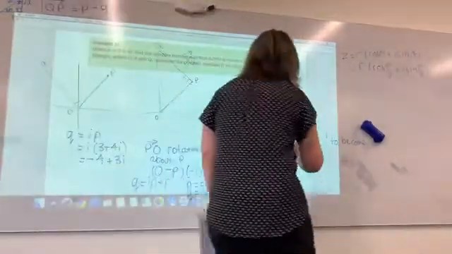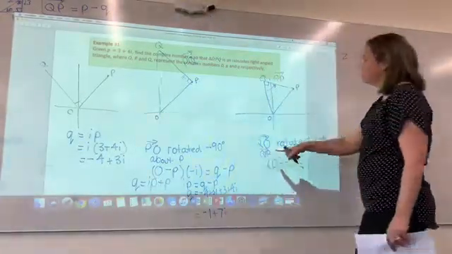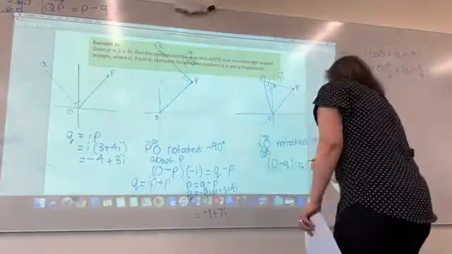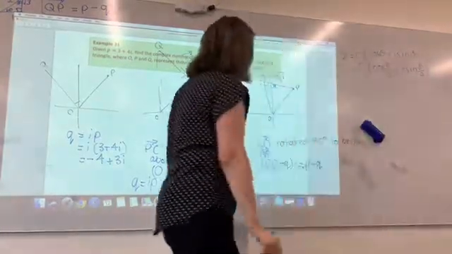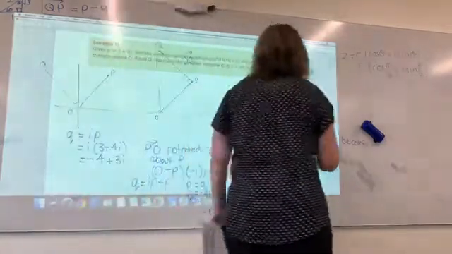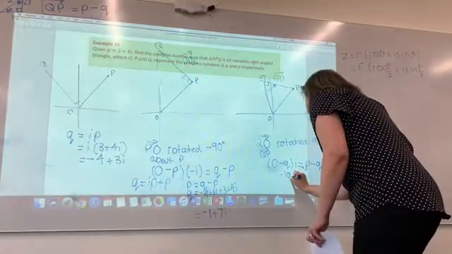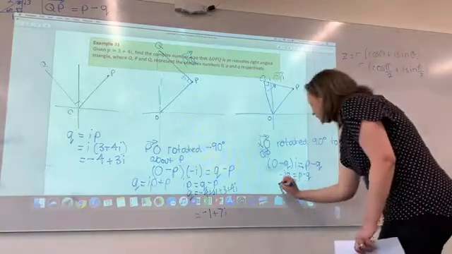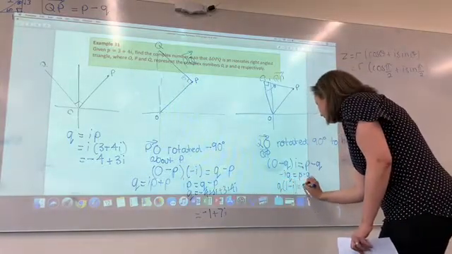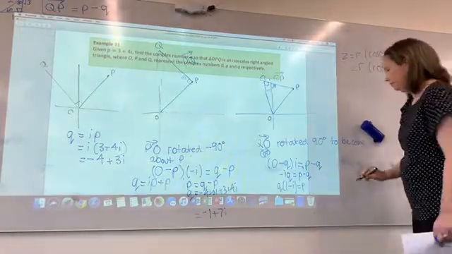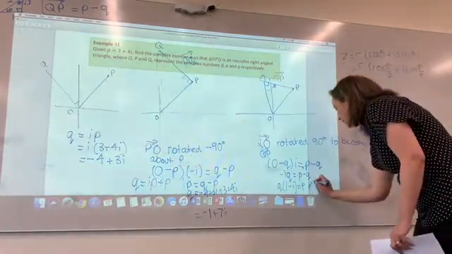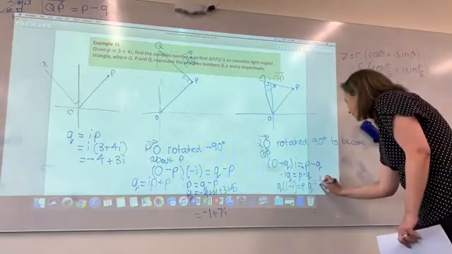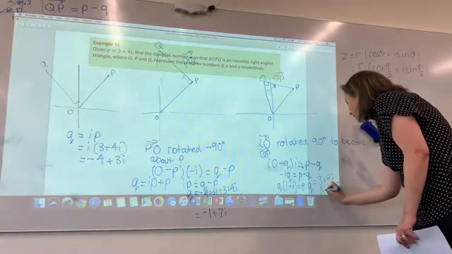I. Becomes Q to P, which is P minus Q. Rearranging that for Q, so we'll get minus IQ equals P minus Q. Moving Q over and factorising, 1 minus I times Q equal to P. So then Q is equal to P, which is 3 plus 4I, all over 1 minus I.